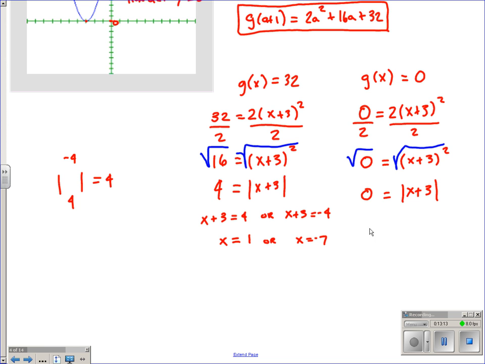So we can just write this one as 0 equals x plus 3. Subtract our 3 from each side, and we'll get our answer. X equals negative 3. I know that's kind of hard to read. I wish it was neater. There it is, a little bit better. Remember, this was our answer as well for the other part.